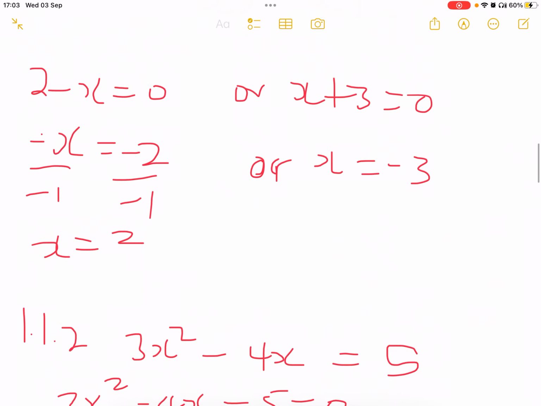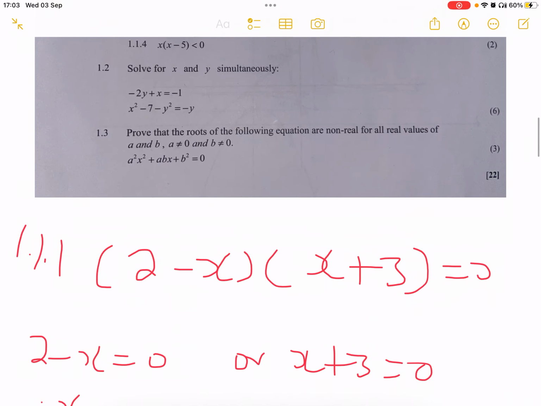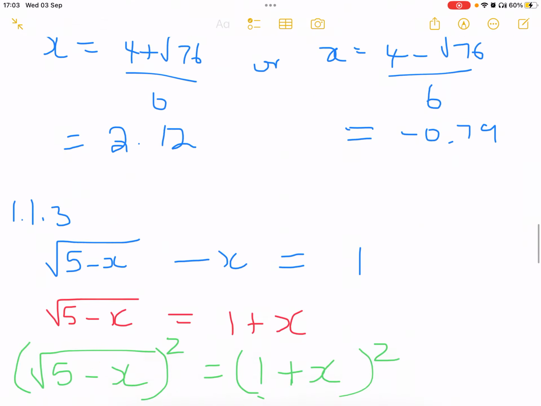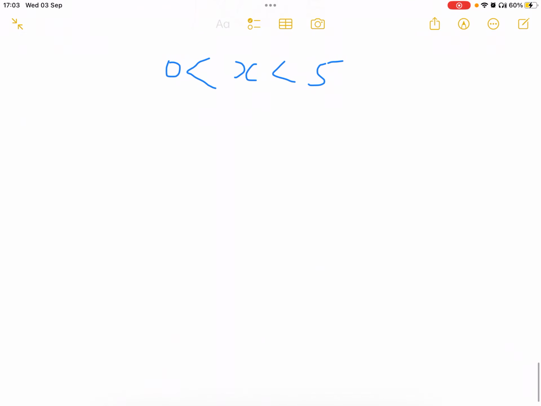Second last question is our simultaneous equation. Solve for x and y simultaneously from minus 2y plus x equals negative 1, and the second equation being x squared minus 7 minus y squared equals negative y. Right.